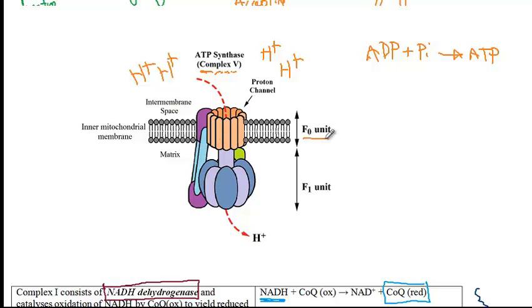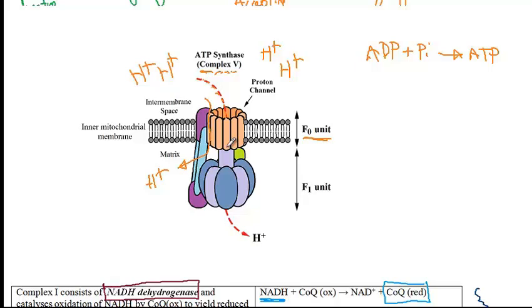It has an F0 unit, which is a hydrophobic segment that has an ion channel that allows ions to move from the intermembrane space to the matrix. And here, for simplicity, I've shown that the H+ is actually running through the pore, but it's actually from the side that H+ will enter from the intermembrane space into the matrix.